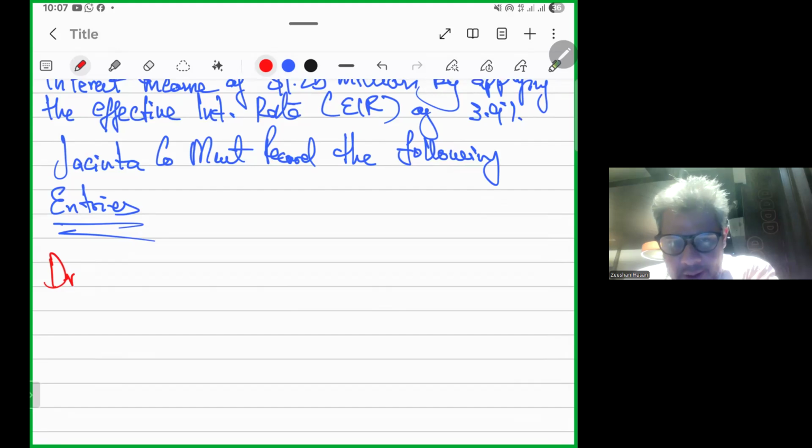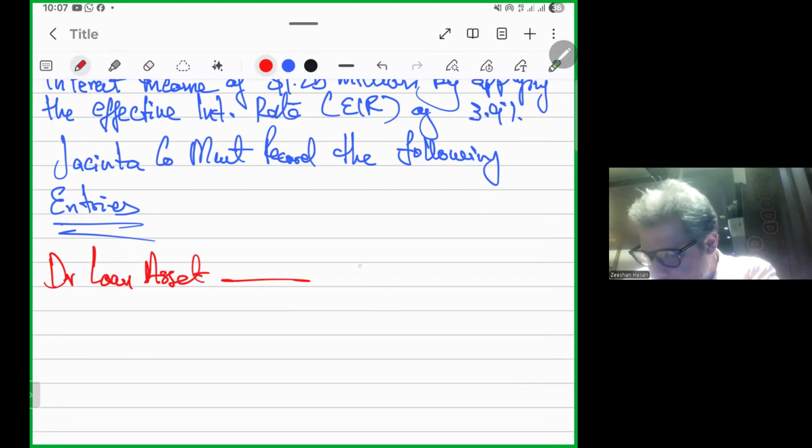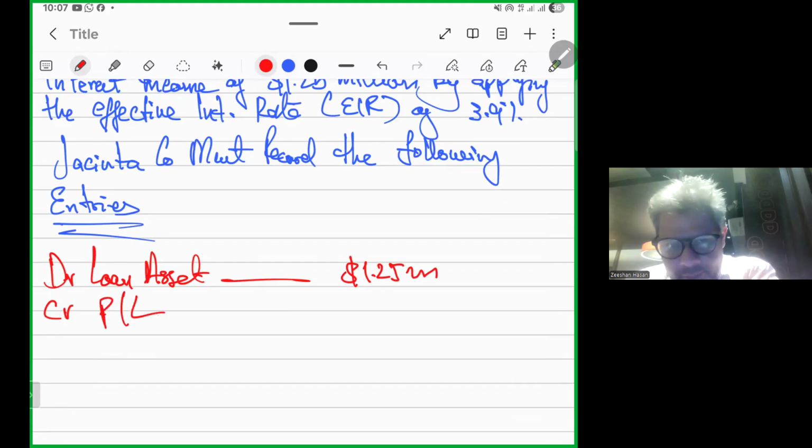Debit loan asset $1.25 million, credit profit or loss account $1.25 million.